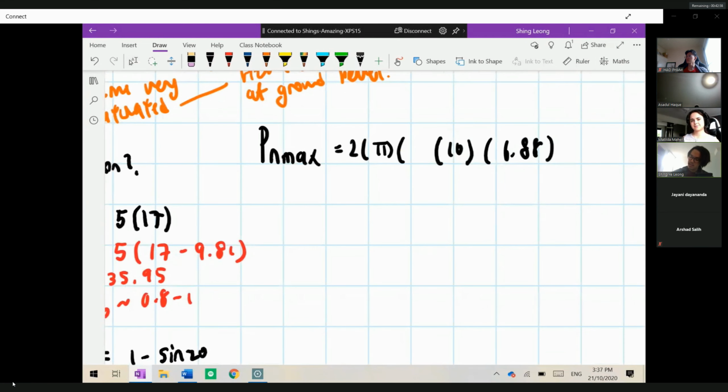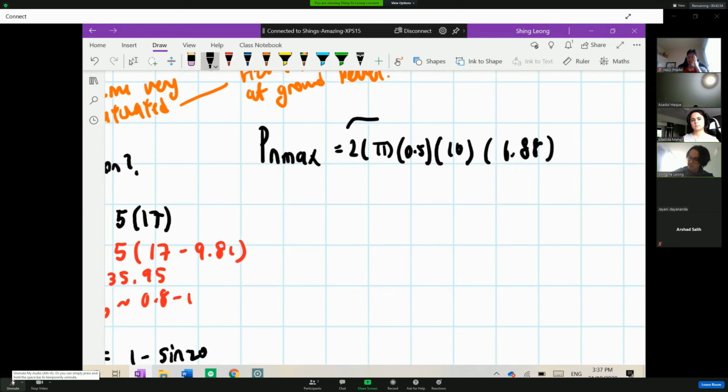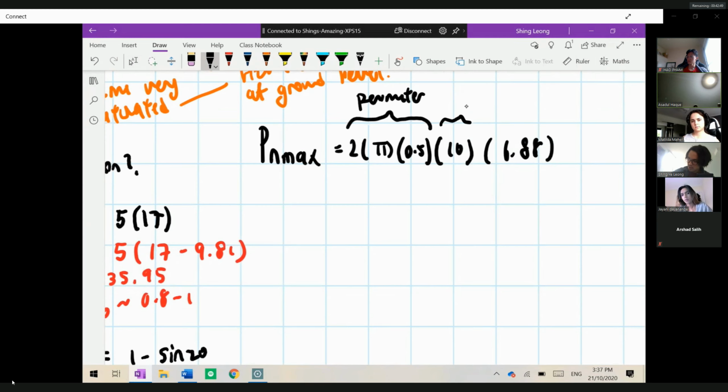So it's pi d, or twice pi r. Yeah, that's the perimeter. Yes, correct. So 2 into 3.14 into 0.5 into 10 into 6.88. That will give you 216. Is that very high?